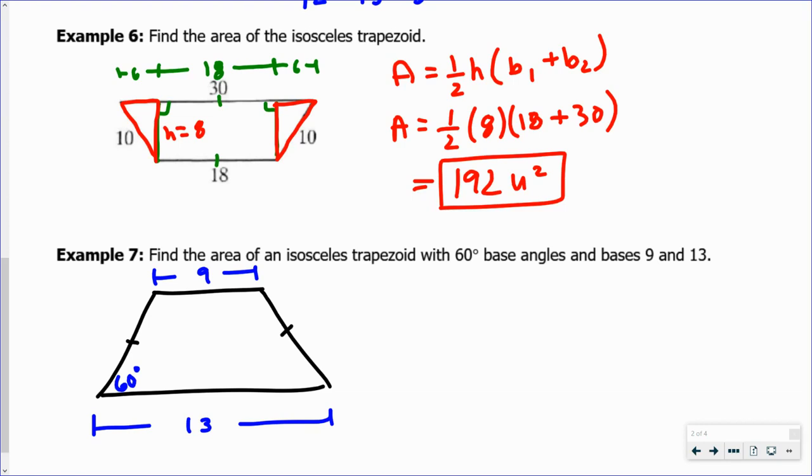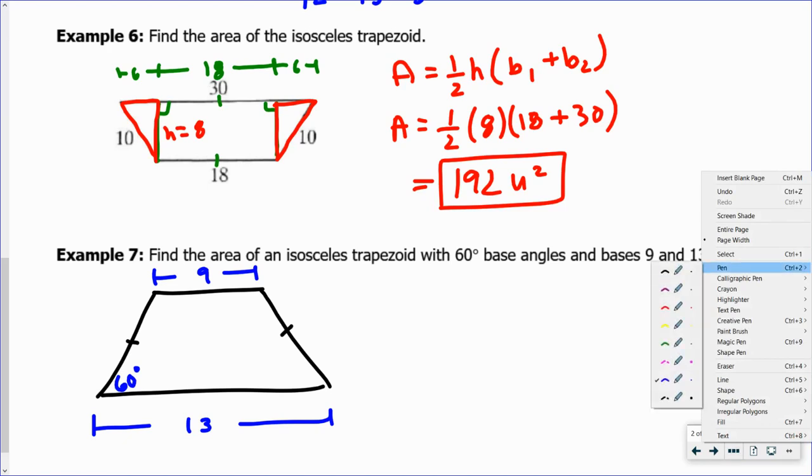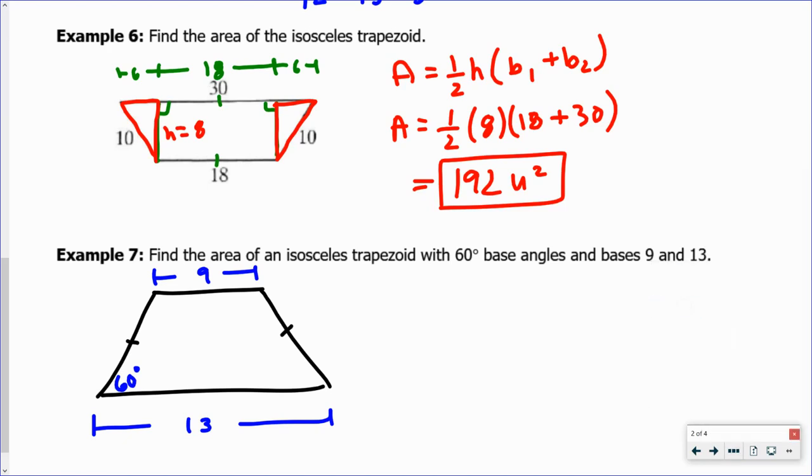So I would use basically the exact same technique to get started on that. I would drop in these altitudes and break this trapezoid up into a rectangle and 2 triangles. So if we do that, this piece right here is 9. And then if we subtract 9 from 13, we end up with these 2 remaining pieces equaling 2 units apiece.